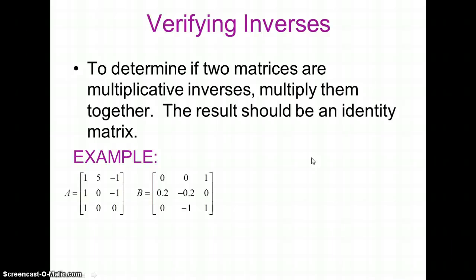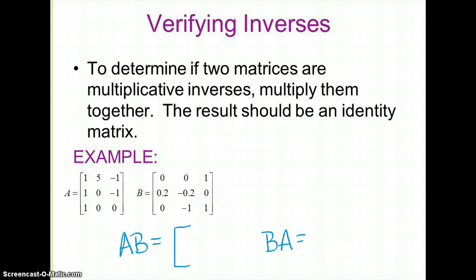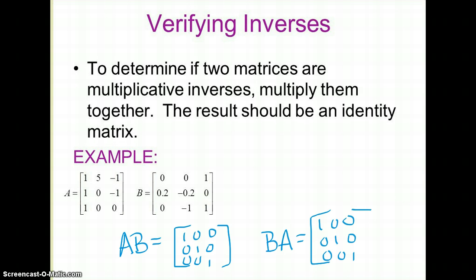So I would definitely say that A times B and B times A both equal the identity matrix. So they are definitely inverses of each other. And that's all it takes to verify that those are inverses.